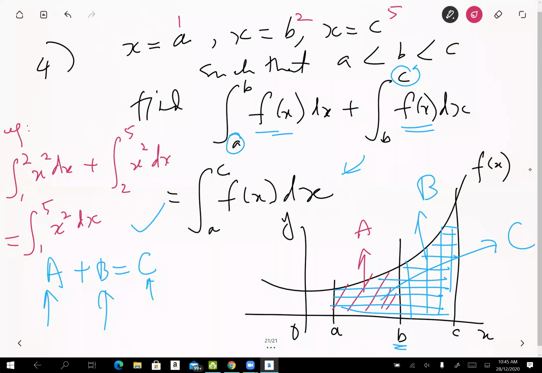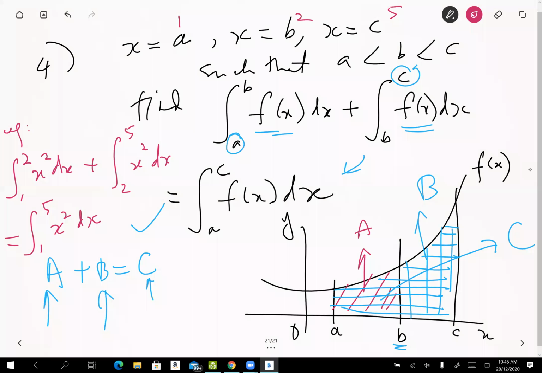So our life is made easier. You didn't have to find two integrals. We just find one integral, and that is the whole area, which is, as we can see here, area A and area B. So we just find area C. That is the whole thing.